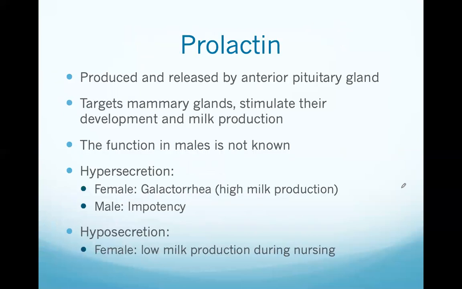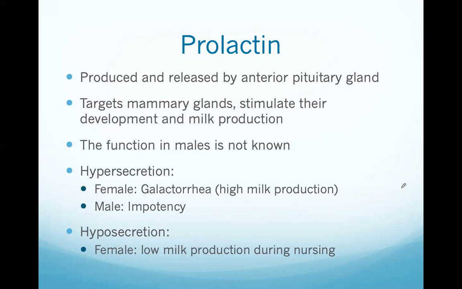Prolactin is a hormone that is typically associated with females. It targets the mammary tissue when a woman is pregnant, and it causes the development and production of milk within the mammary tissue. As of yet, there is no main function associated with prolactin in males.